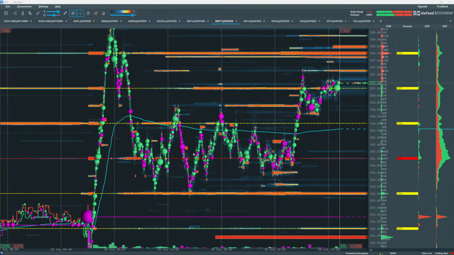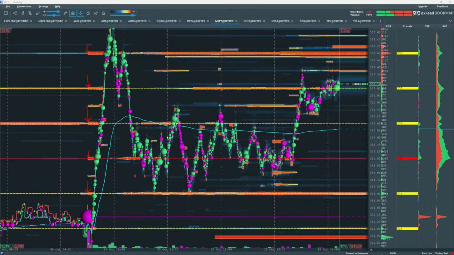Note the liquidity in the order book shown by the darker colors, orange to red, that comes in at the cash open, typically at the round number levels. And price quickly made it up to the 338 level and reversed lower as call buyers started to take their foot off the gas.